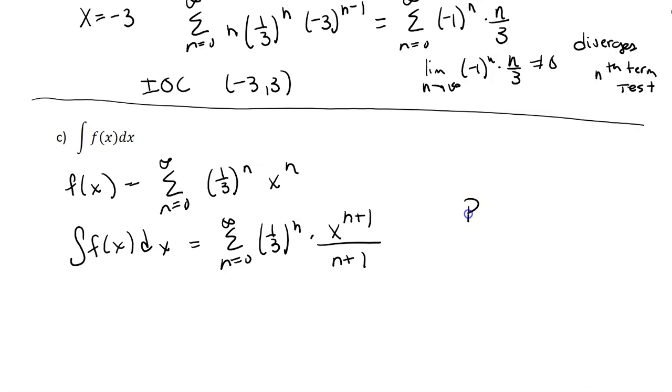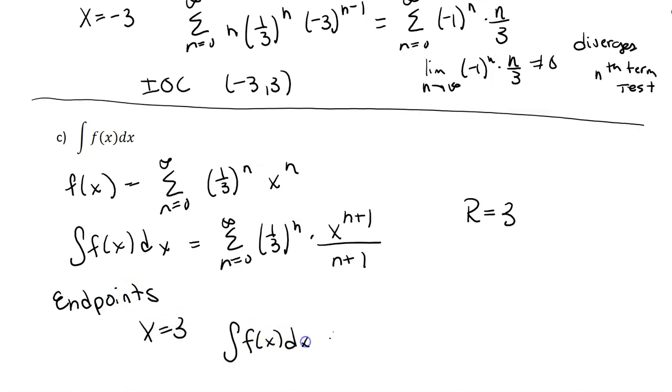So we know that our r is going to be 3. We just need to check the endpoints. So if x equals 3, the integral of f of x dx will be the sum from 0 to infinity of 1/3 to the n. We'll have 3 to the n plus 1 divided by n plus 1.